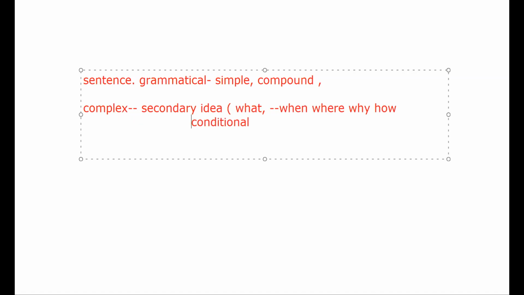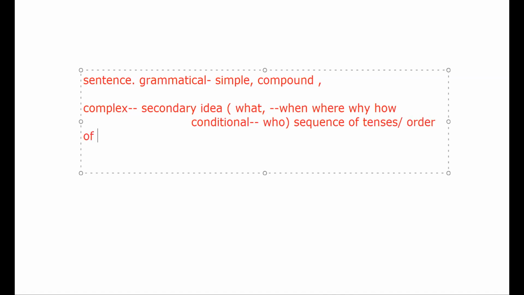And it can be who in the sense of adjective. That's it. If you see a complex sentence, it definitely has a secondary idea, and that secondary idea can be the answer for what, or can be this. So depending on this, I will select. And yesterday I was talking about the sequence of tenses that you check. Order of subject and verb in the secondary idea, that I need to check.